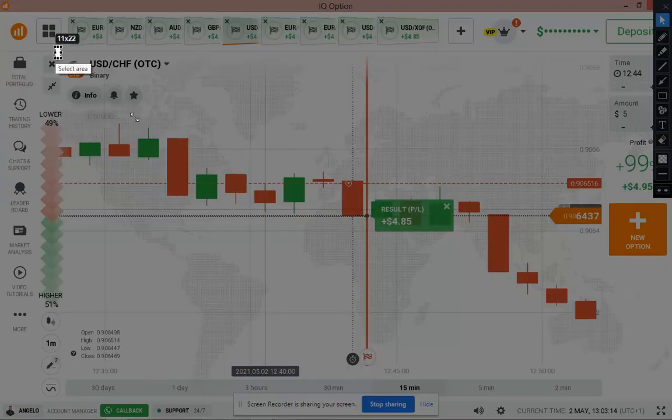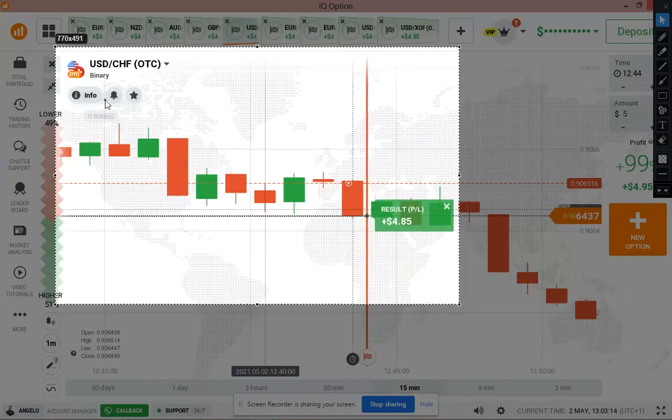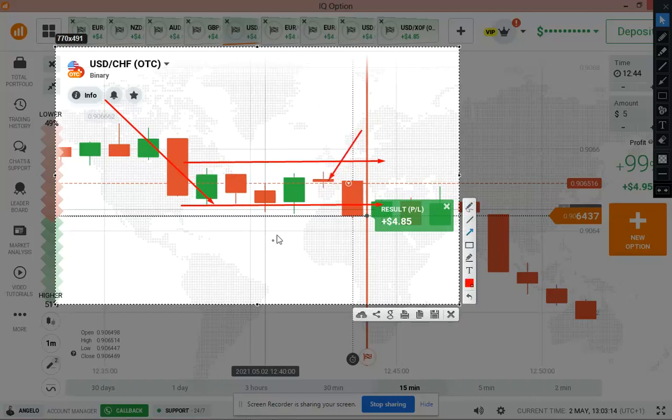Same thing here, minor trend, consolidations whereby the sellers are here. After seeing some sellers' entry, and as the market is consolidating, I expect sellers' entry again, the buyers are here. So that is why I place a put option.